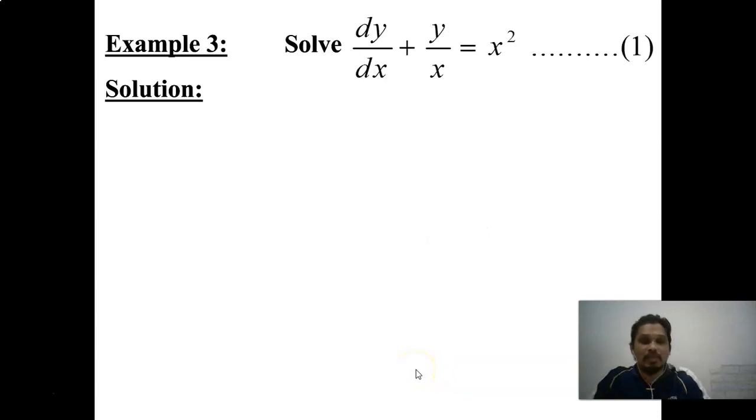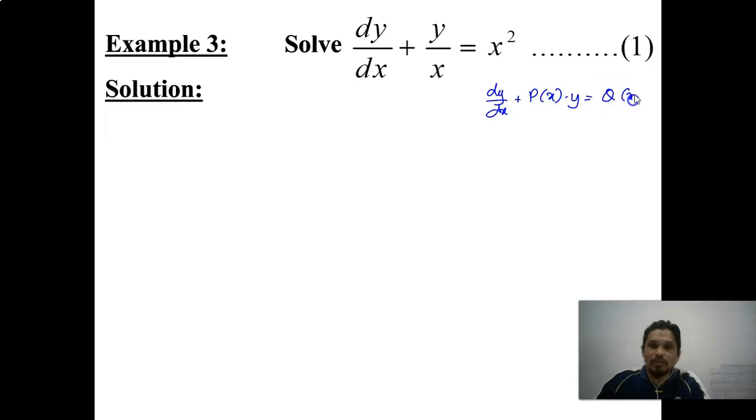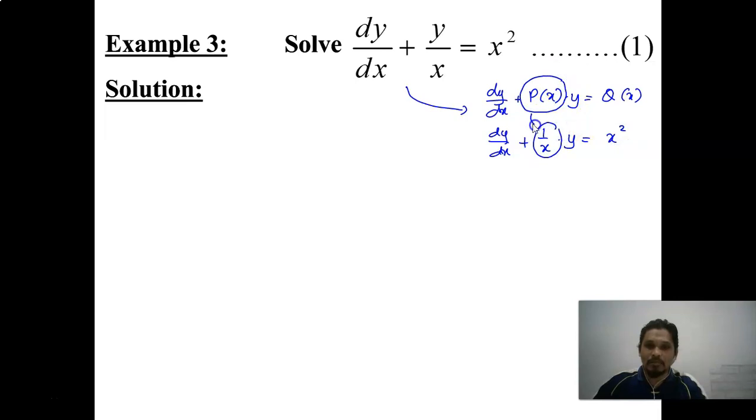Solve dy dx plus y over x equal to x squared. Now, if we write it in the form dy dx plus p(x) times y equal to q(x), we come up with dy dx plus 1 over x times y equal to x squared, where p(x) equal to 1 over x and q(x) equal to x squared.